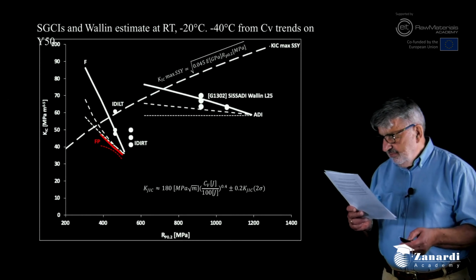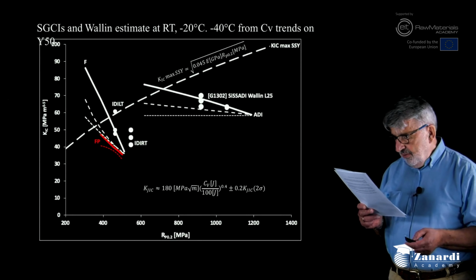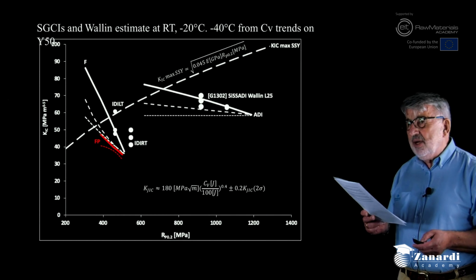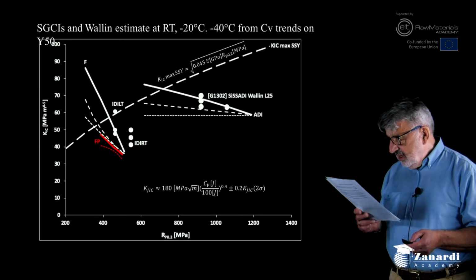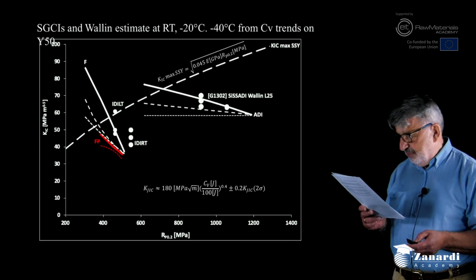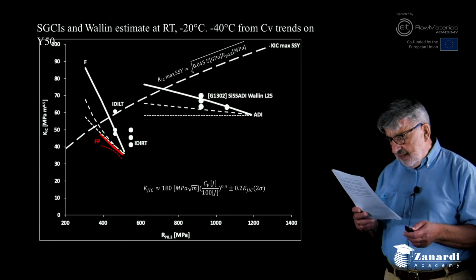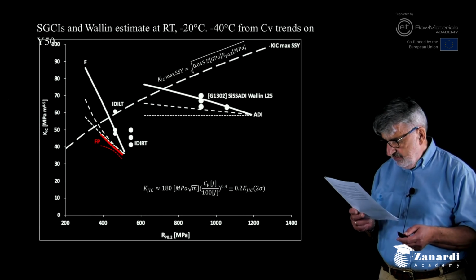In this diagram, Charpy V-notch trends for different Zanardi materials are converted into KJ1C following the Wallin relationship. We did not investigate the basic data and measuring procedures used for the correlation.